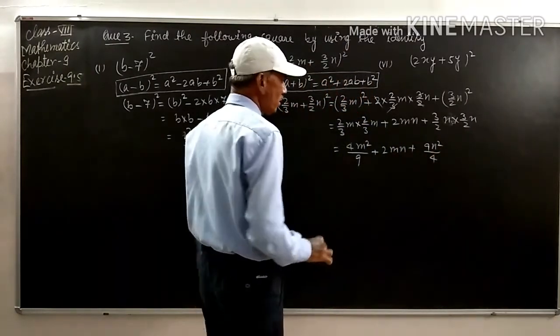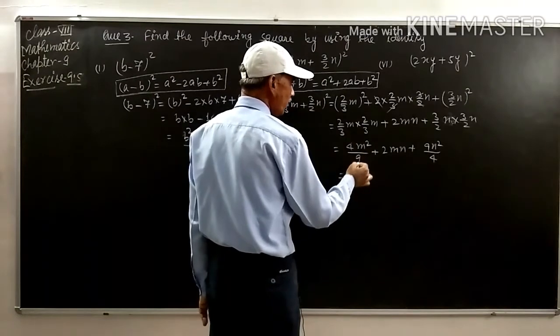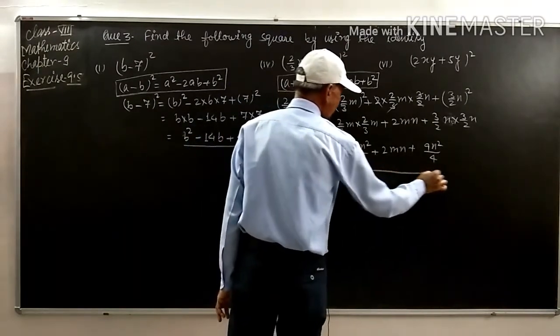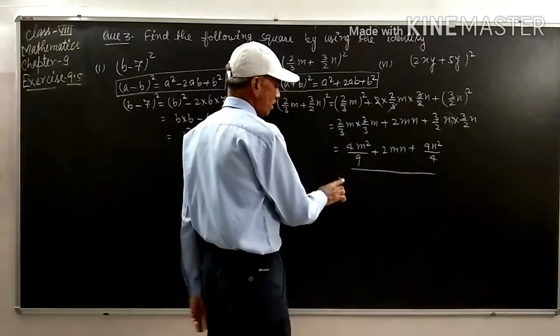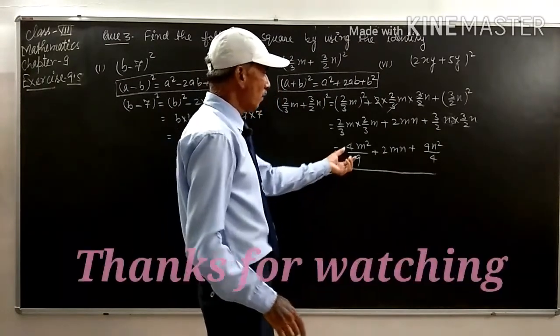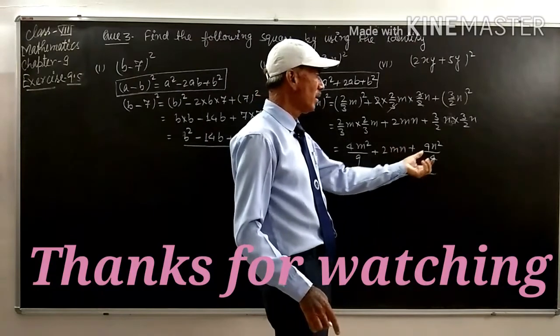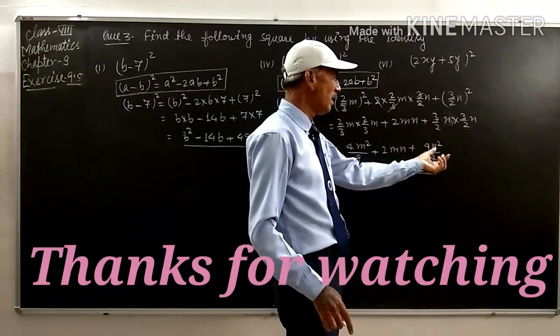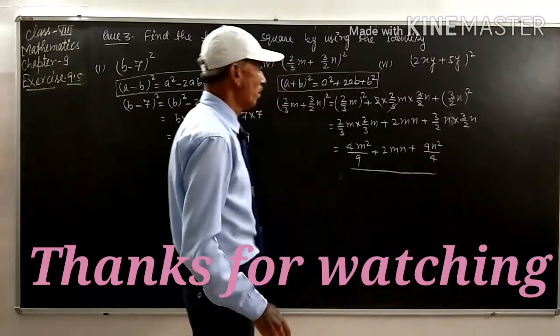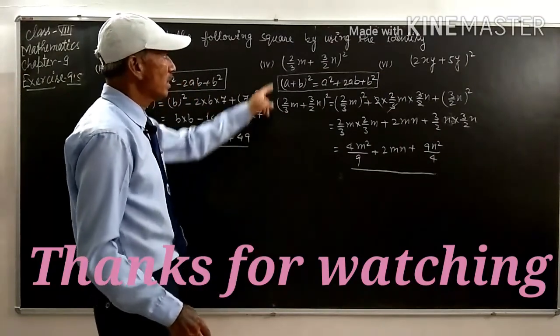Clear friend? So this one is the answer students. So 4m square by 9 plus 2mn plus 9n square by 4. This is the answer of this part.